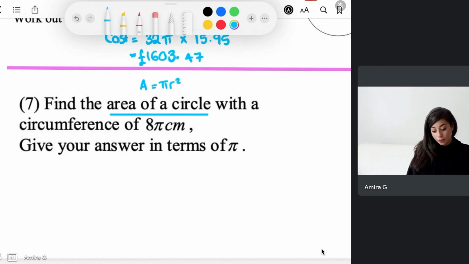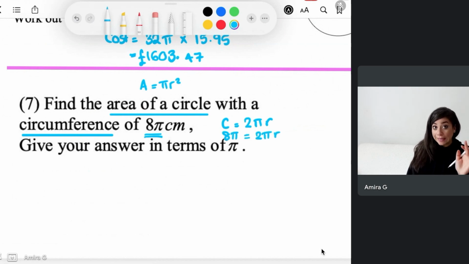Circumference, C equals 2 pi r, of 8 pi. We've got a formula, let's substitute. We know that the circumference is 8 pi, so we write 8 pi equals 2 pi r. You get a mark for that. Simplify it, so r equals 4.